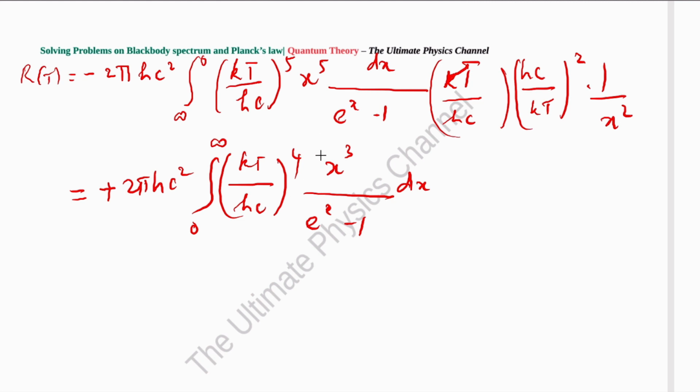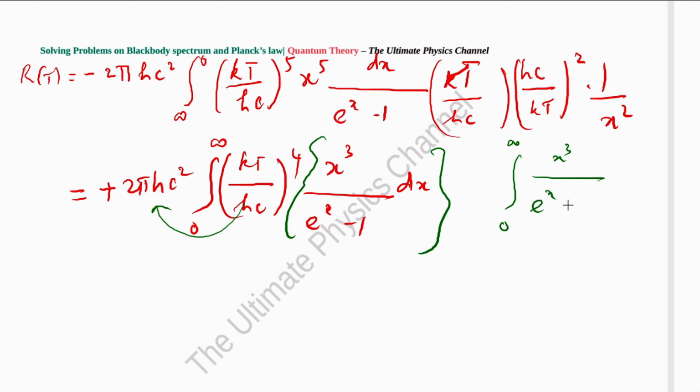Now this particular integral alone is a standard integral, and the remaining things are constant, so you can take them out. That integration, 0 to infinity of x cube over e power x minus 1 dx, is pi power 4 over 15. That is the value of that particular integral.